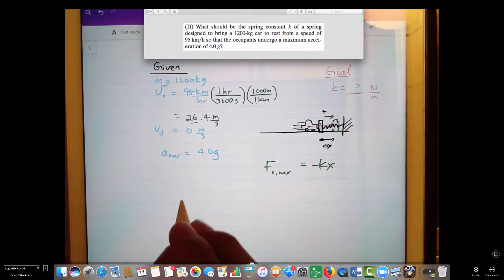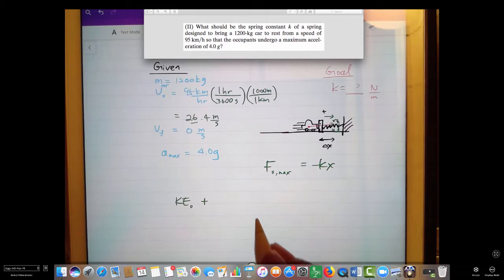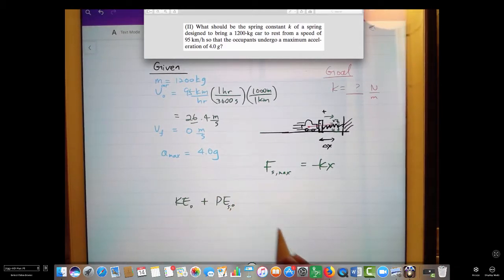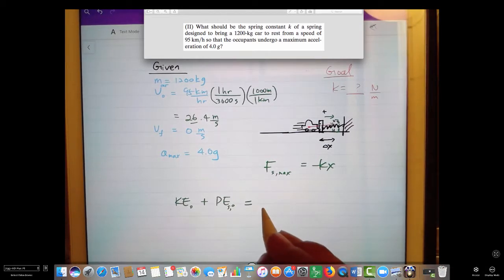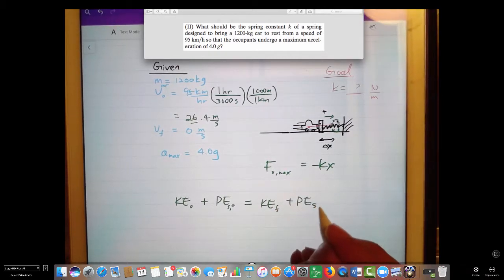So we'll start with the initial kinetic energy, and then the initial potential energy. This is a spring, by the way. There is no gravitational change in terms of height, and we'll disregard that. And then the final kinetic energy of the car, and the final potential energy of the spring.